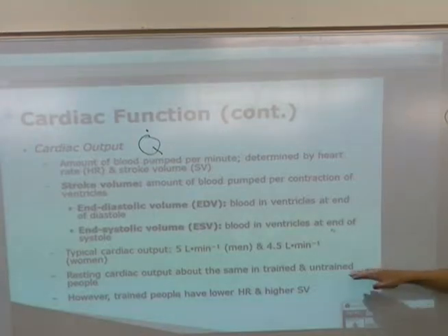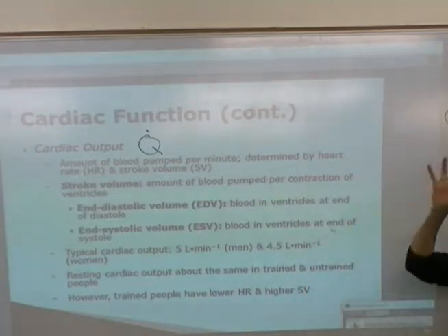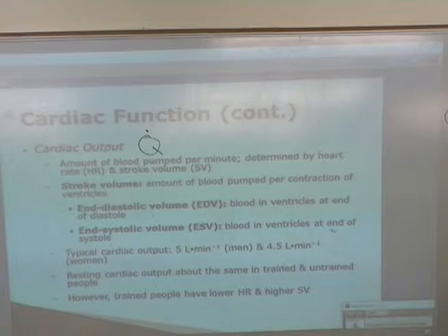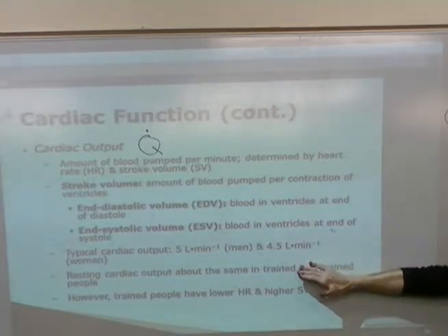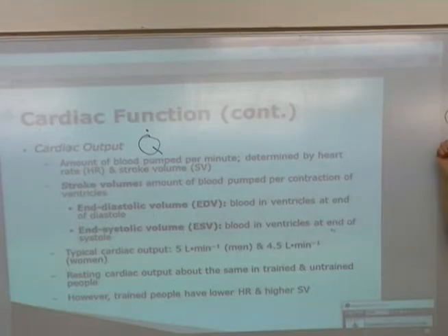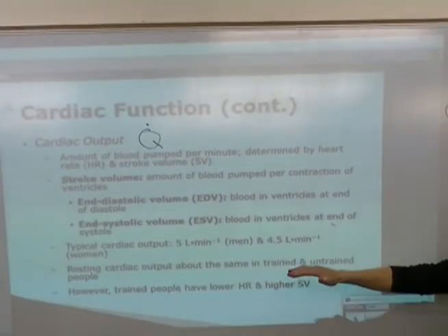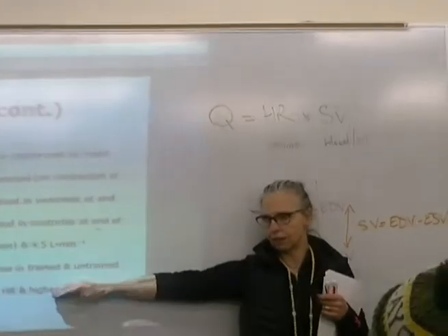All right, so let me say that again. When you are at rest, this isn't moving. There's no difference in Q between someone who is sedentary and someone who is highly trained.